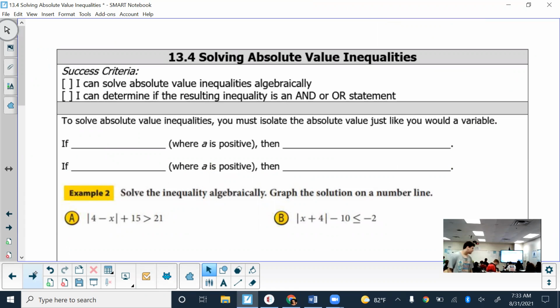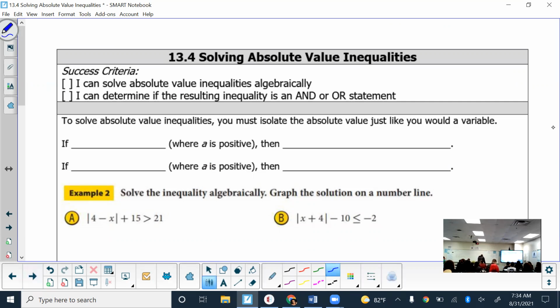To fill in these blanks, to solve absolute value equations, you isolate the absolute value just like you would a variable. That's the same thing I said when we did the equations yesterday. Now let me find the notes for this part.